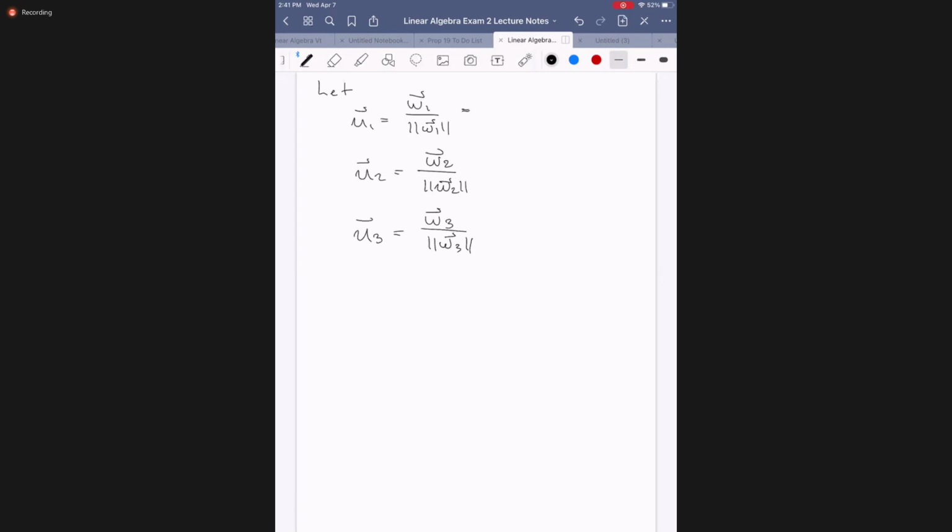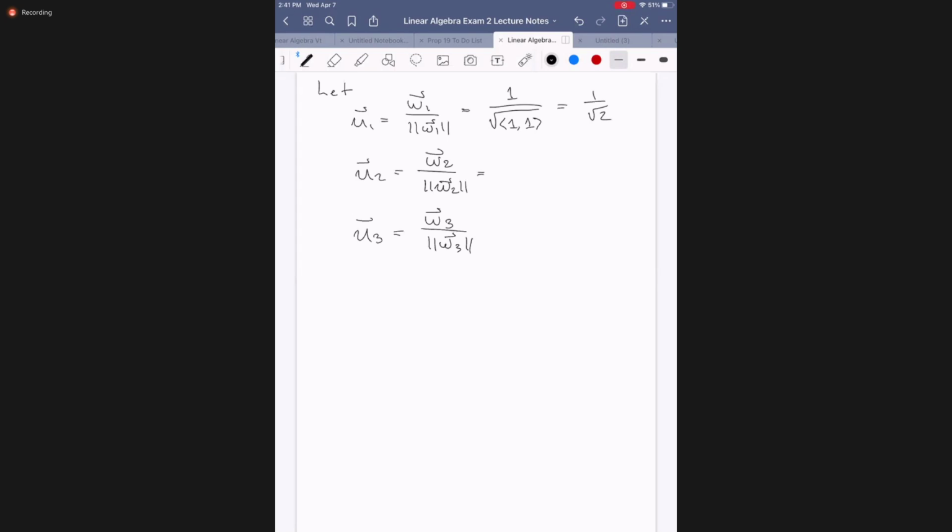It's the square root of the inner product of the vector with itself. So what is W1? It's just going to be 1 over the square root of the inner product of 1 with itself, which is going to be 2, right? So it's just going to be 1 over square root of 2.